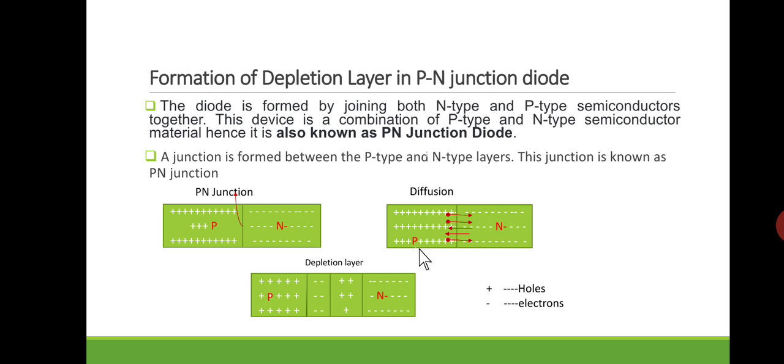Okay, so as we know, holes are attracted towards the electrons, electrons are attracted towards the holes. Here some of the electrons are moving towards the p type and some of the holes are moving towards the electrons. They become immobile ions when they combine with these electrons. When combined with these holes, they are afterwards immobile ions. They form a layer near the junction.